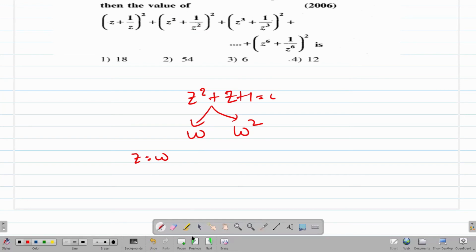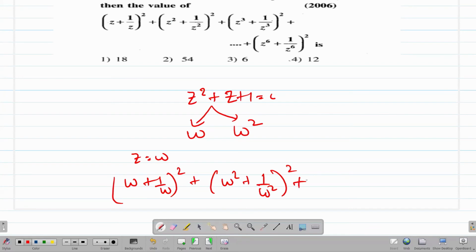So just replace the z by omega in the above equation, that is 1 plus 1 upon omega whole square, omega square plus 1 by omega square, omega cube plus 1 by omega cube.